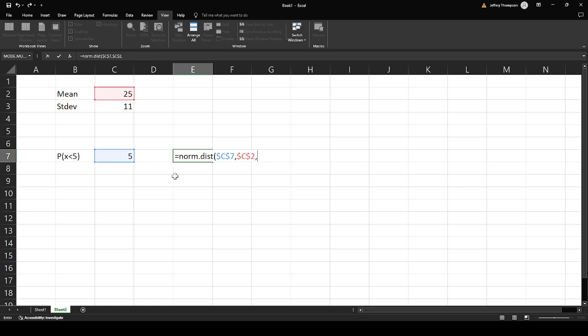Then the standard deviation, which is C3. And cumulative will be true. And there we have our probability. The probability that if we randomly selected a student from this distribution, of them working less than 5 hours per week would be 3%, 3.4%.